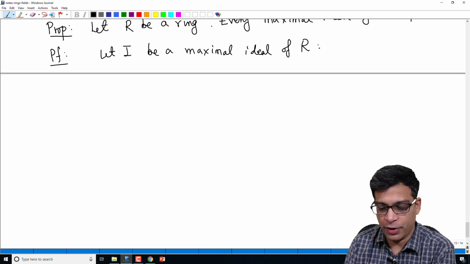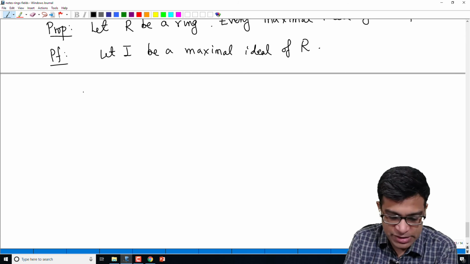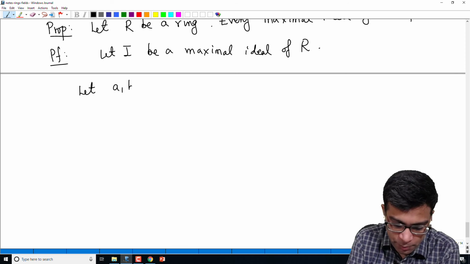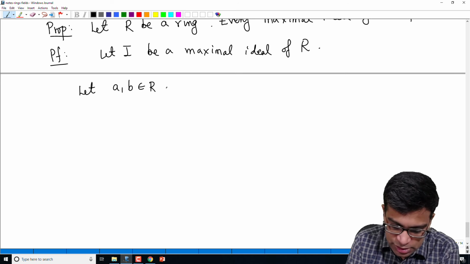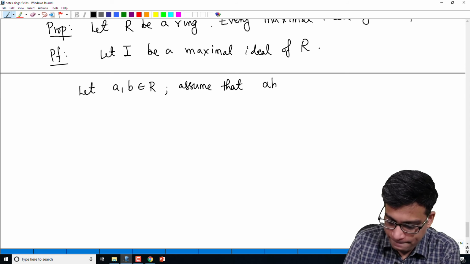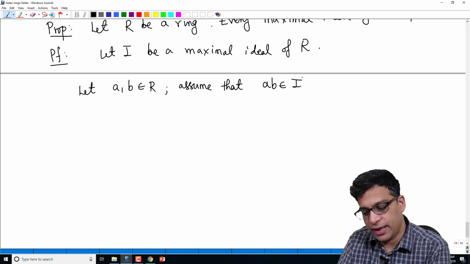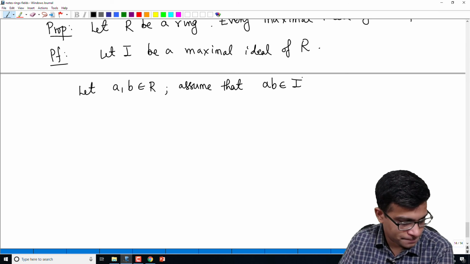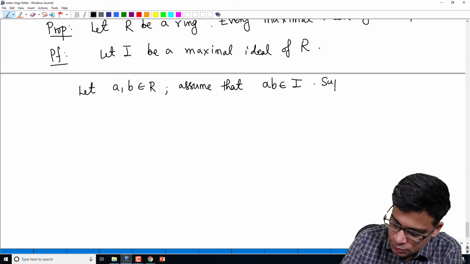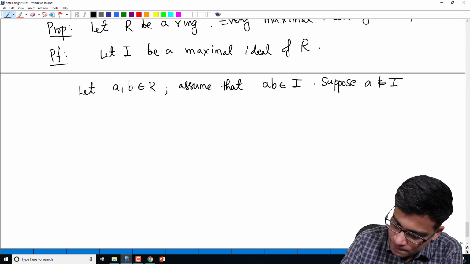So definition of, remember, prime means if a product of two elements is in I, one of them is in I. So let A, B be elements of the ring R such that AB is in I. We will want to prove at the end of the proof that either A is in I or B is in I. So suppose that, if possible, A is not in I.